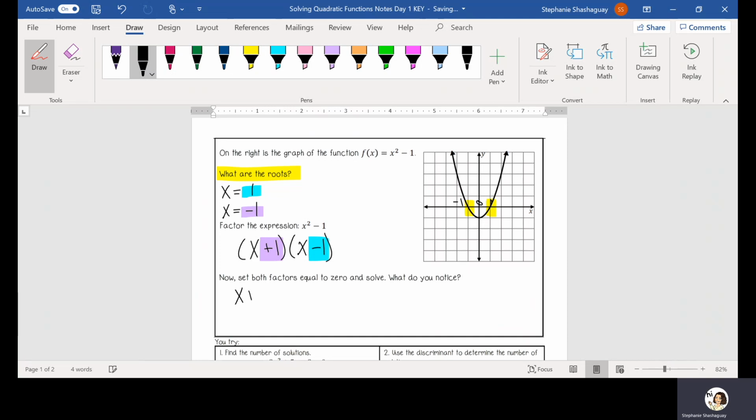Okay, so if we have x plus 1 equal to 0, I have to subtract 1 and subtract 1, so x is equal to negative 1. That's exactly what we had right here. Now if I do x minus 1 and set that equal to 0, I'm going to add 1 and add 1, so x is equal to a positive 1. And that's exactly what we had here.